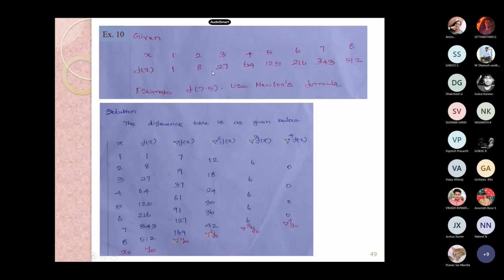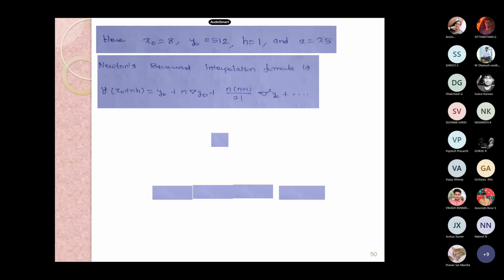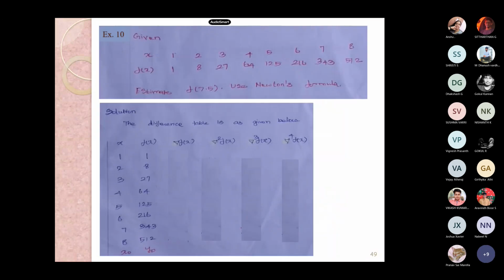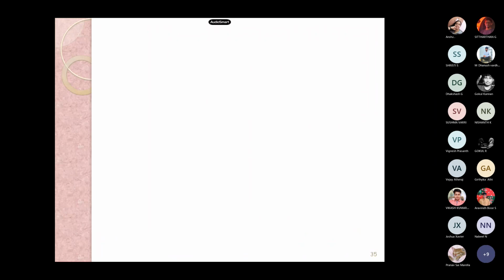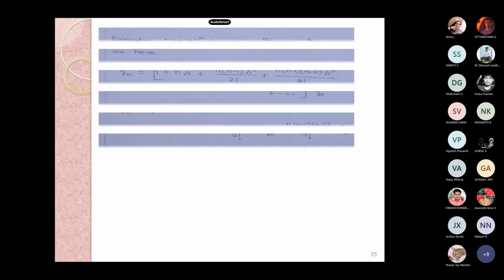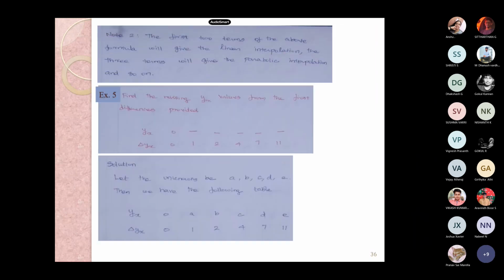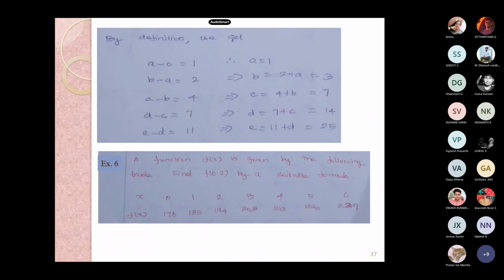If your concern is to find f of 6.5, then how can we proceed? What would the x naught and y naught be? Think over it. See, this is from the earlier problems, exercise number 6.